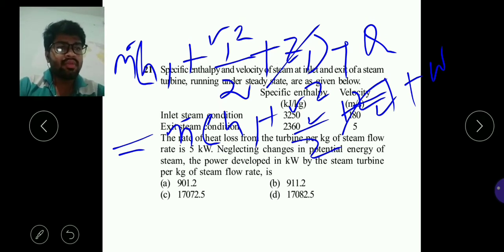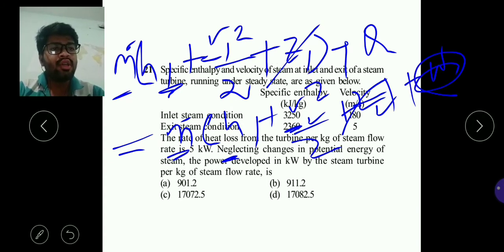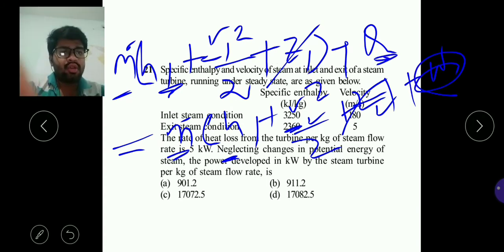Everything is given, m dot, H1, V1, H2, V2, and Q, and we need to calculate W only. So let us try to solve it.